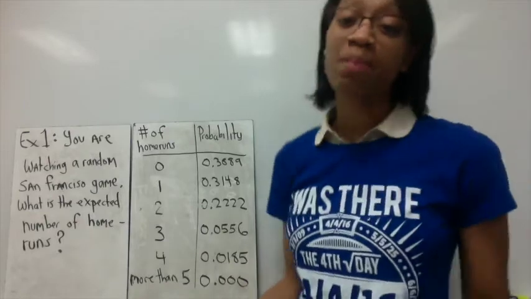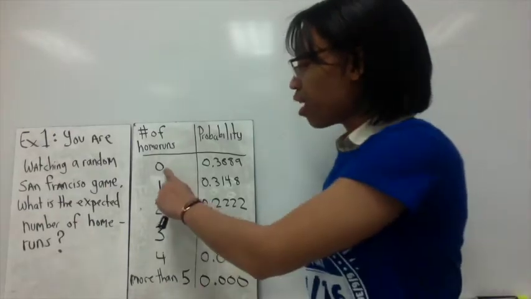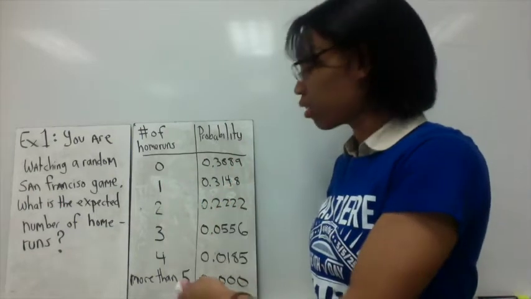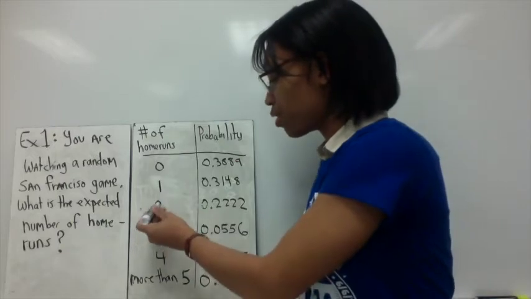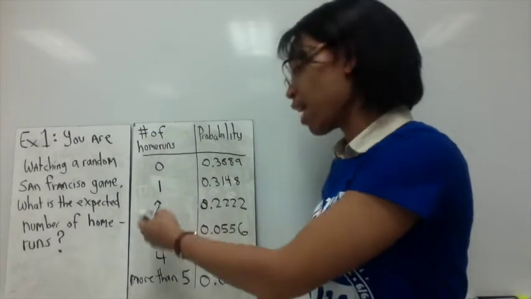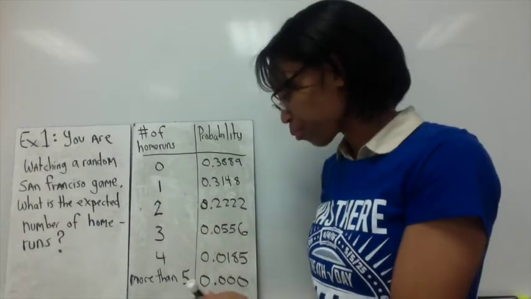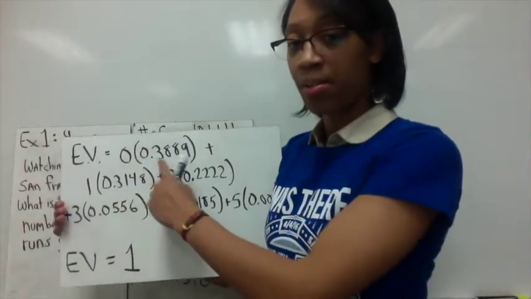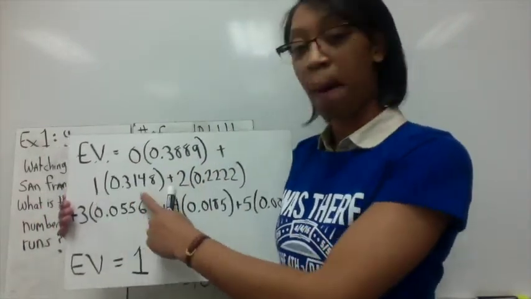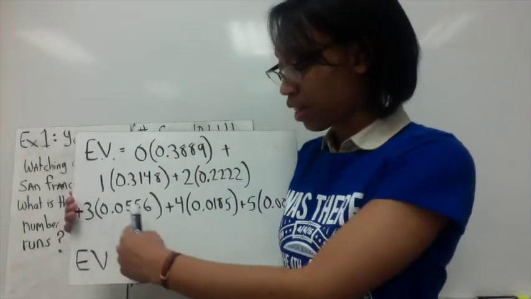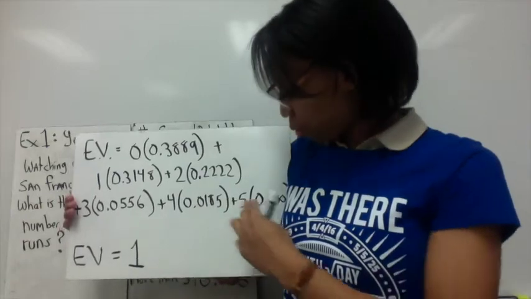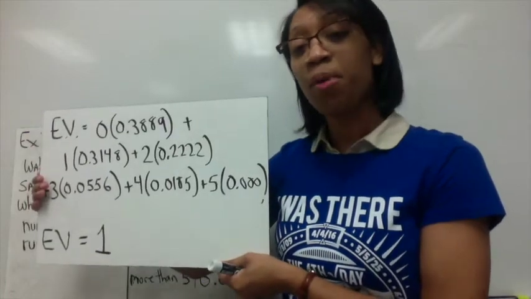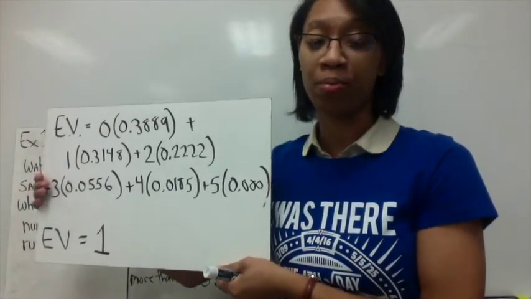We're going to multiply 0 times the probability of 0, plus 1 home run times the probability of 1, then 2 times its probability, then 3 times its probability, 4 times the probability of there being 4 home runs, and then 5 times 0. When we add them all up, we get 1 for our expected value.